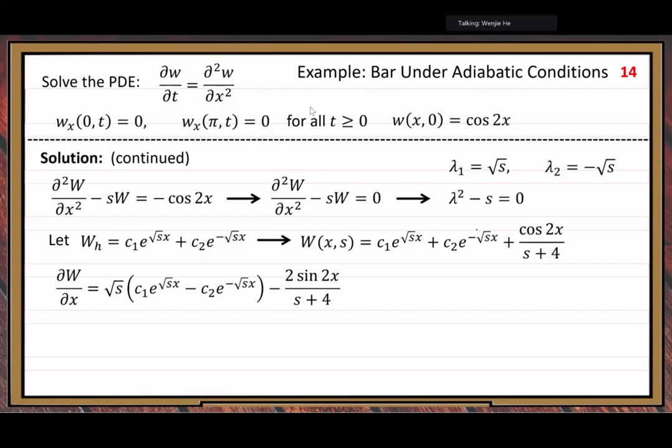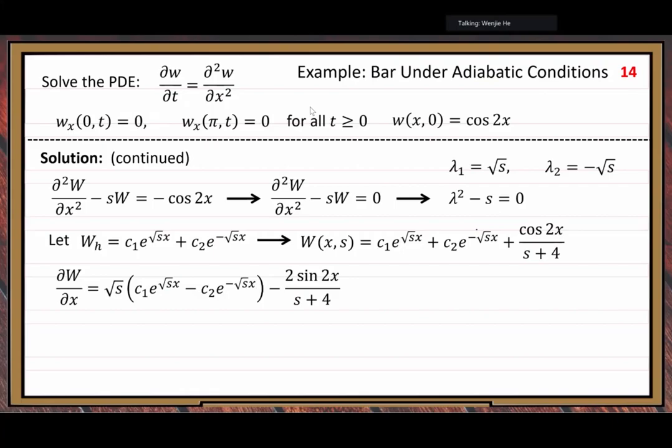The boundary condition requires a partial derivative with respect to x, so we also need to take the partial derivative of capital W with respect to x. The only difference is that the given condition is on little w partial derivative with respect to x, while here it is capital W with respect to x. We can take the Laplace transform to connect them.